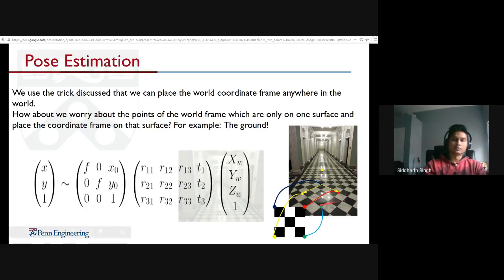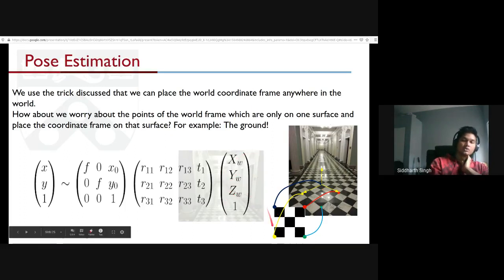Just to make it more clear, the points that I'm interested in, the points that I'll be looking at, are these dots: blue, red, green, yellow, and I've placed my world coordinate frame on this surface. How can this help? The only points that I'm going to see here in this world are on the ground, and I've placed my coordinate frame itself on the ground. How does that help me?